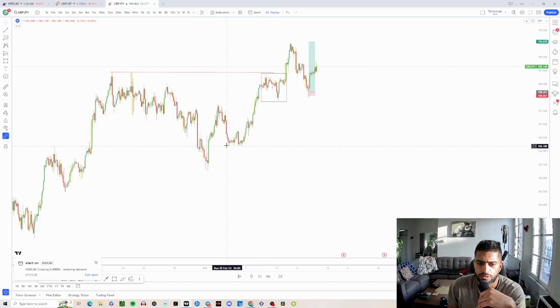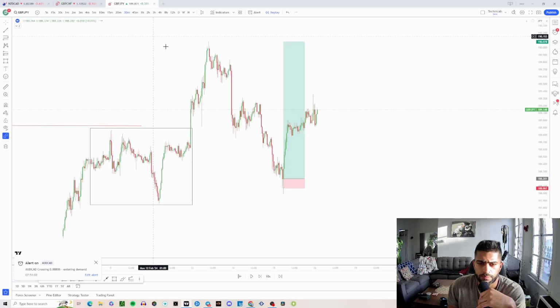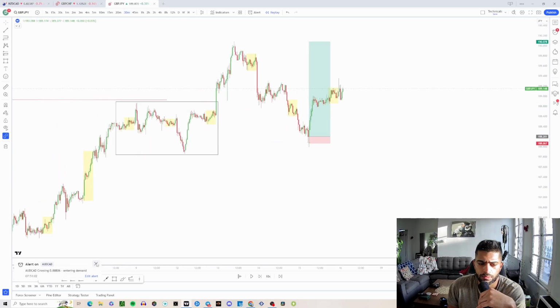Other than that, there's some buyers down here. As we could see, how do we tell that these were the buyers that broke? Well, obviously price broke after, but the significant buyers that broke, look at this. The last orders that were eaten, the last manipulation, if you want to call it, before price broke structure.